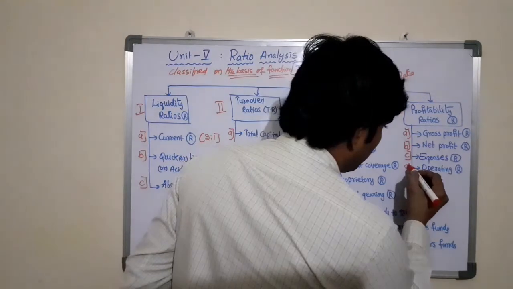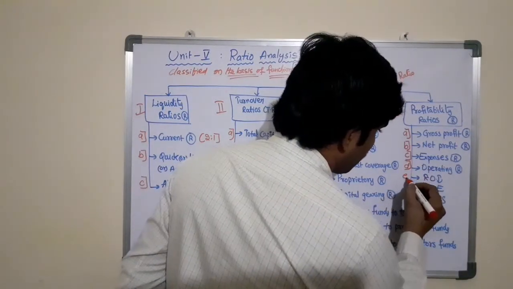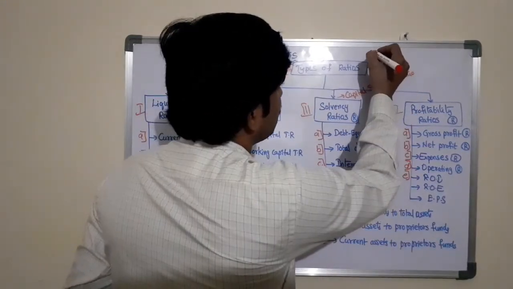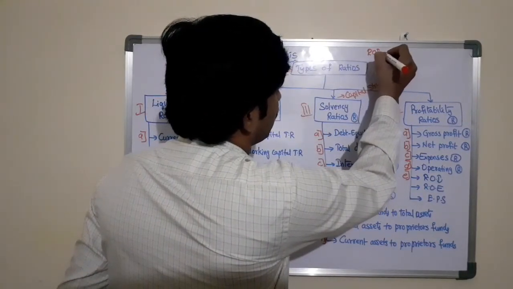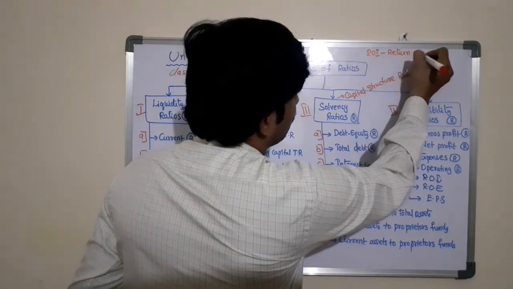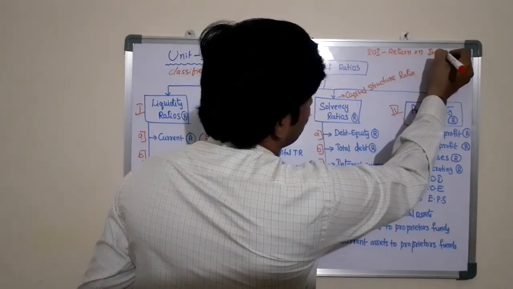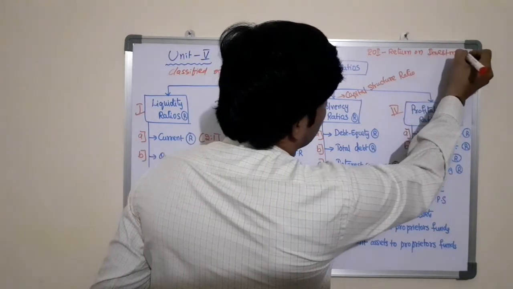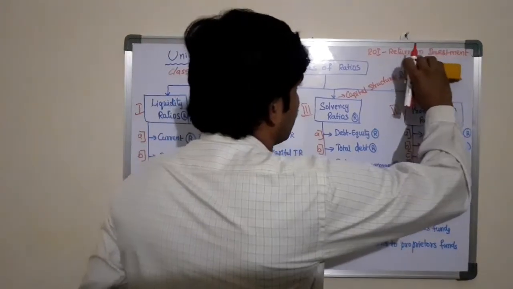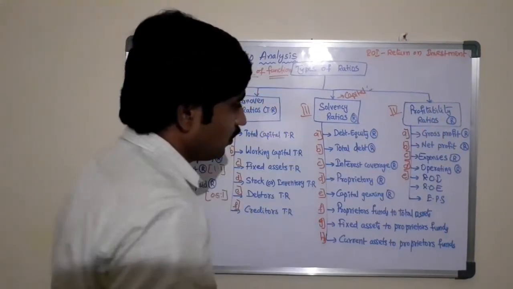Next, operating ratio, ROI. ROI means return on investment ratio, which is denoted by ROI.